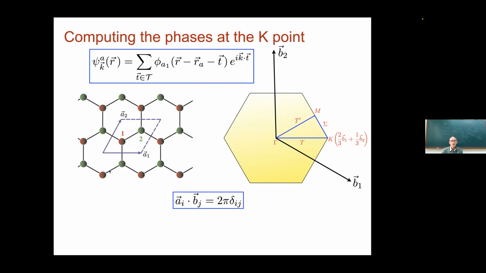And in practice, since we are rotating things around this atom, this point, this is the origin of the direct space, we are only going to consider symmetry operations around this point, like rotations, mirror planes, things like that. It is enough to study the phases for these atoms, okay?